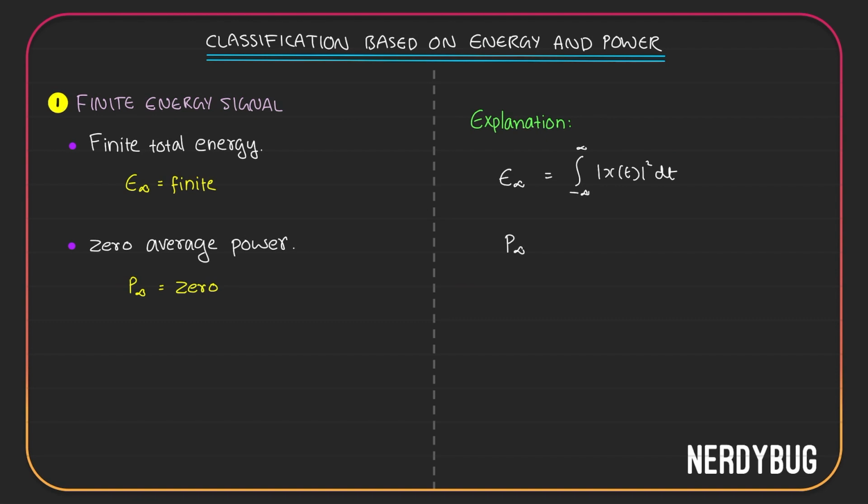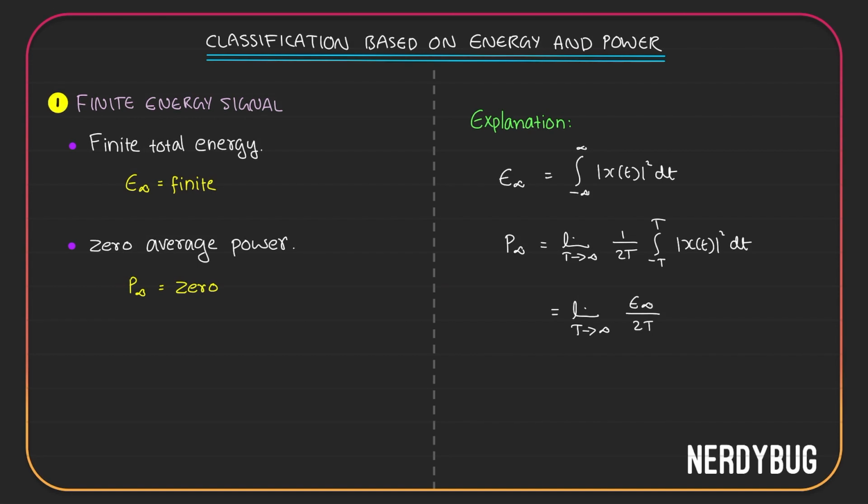And we know power is given by limit t tends to infinity 1 by 2t integral minus t to t mod of x of t whole square dt. But this whole integral is basically just E infinity.